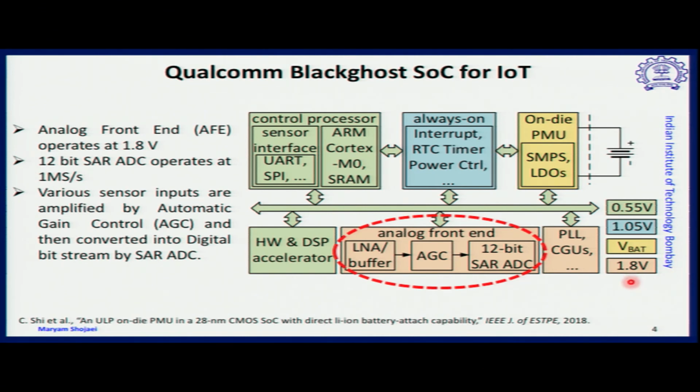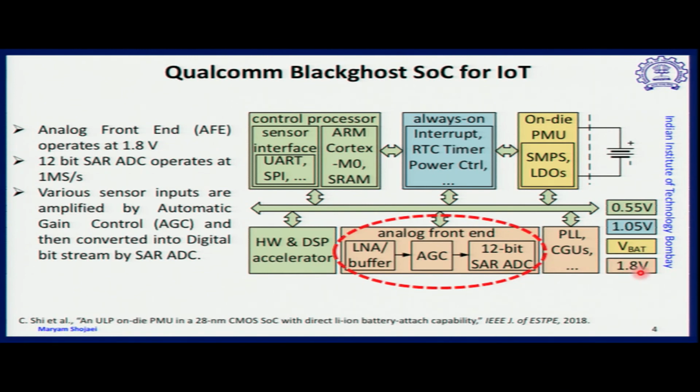In addition to the battery, we have voltage levels of 1.8 volt, 1.05 volt, and 0.55 volt available. 0.55 volt, which is a low voltage, practically 500 millivolt, is used for digital modules which operate in sub-threshold, and therefore it keeps the energy consumption low.